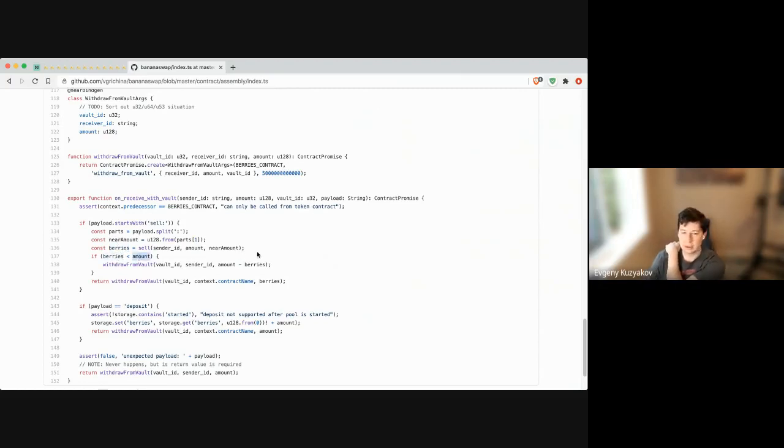If you paid more than this price, then you'll get refunded. So this is not needed because the vault will automatically refund you tokens. This is an overkill. Then it returns a promise saying, okay, give me the berries that are needed. We are done with the transaction.